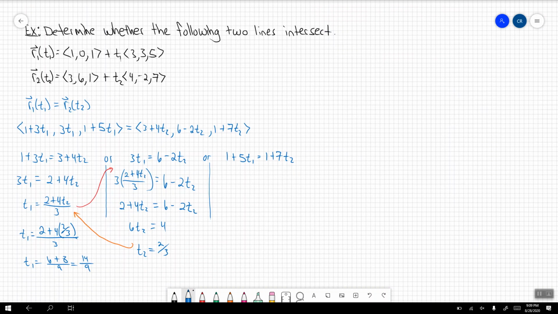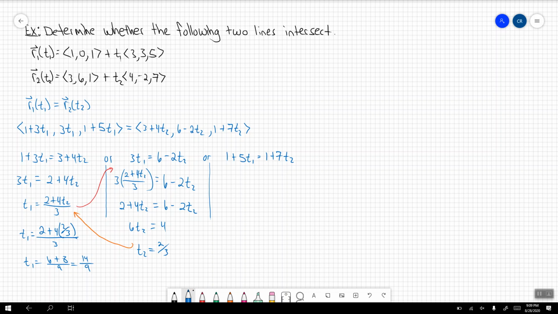Okay, so now that I have these two values, t sub 1 is equal to 14/9 and t sub 2 is equal to 2/3. I have this third equation that I haven't really used. And if, big if, these two lines intersect, then the equations for the final components must be equal to one another for the t values that I just found.